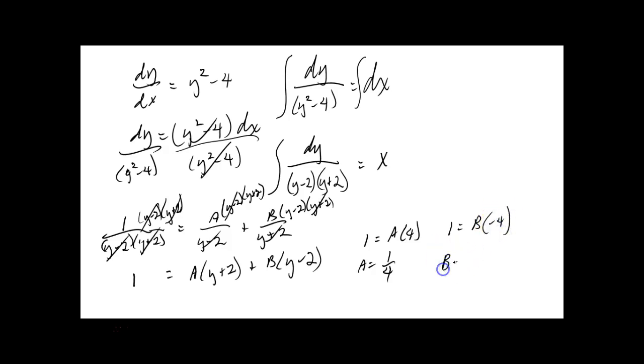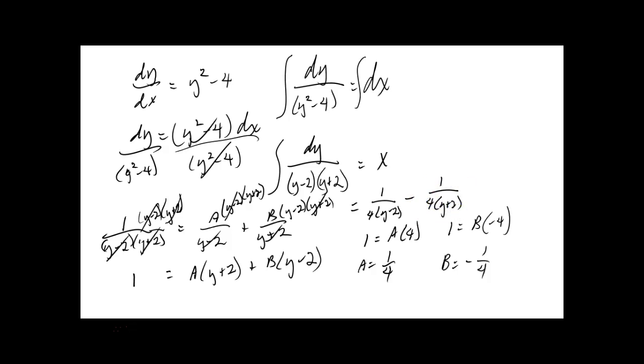So B is equal to negative 1 over 4. Now we go back to this form up here, and this is now 1 over 4 times y minus 2, because that's your A, 1/4, minus 1 over 4 times y plus 2.